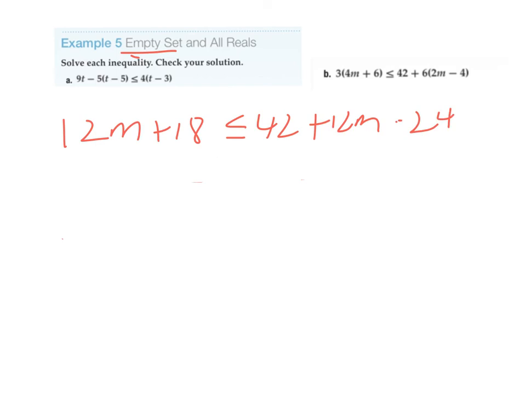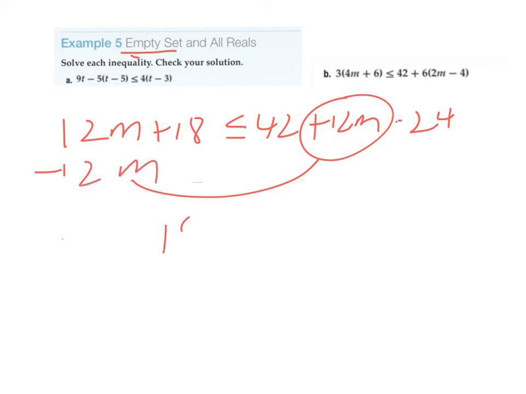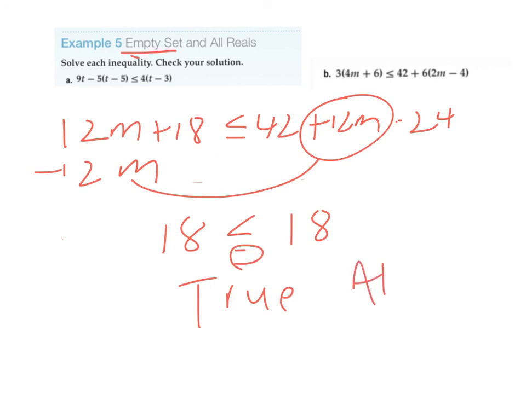So if I move my m's over, move this over to minus 12m. So that gives me 18, and then 42 minus 24 is also 18. This is a true statement. 18 is equal to 18, and so this is all reals.